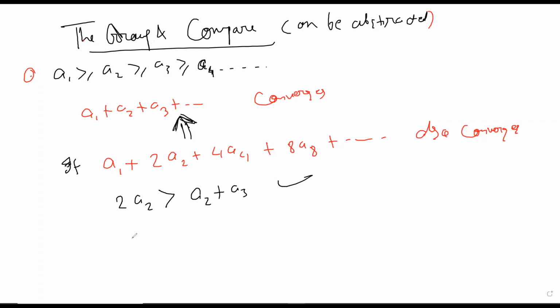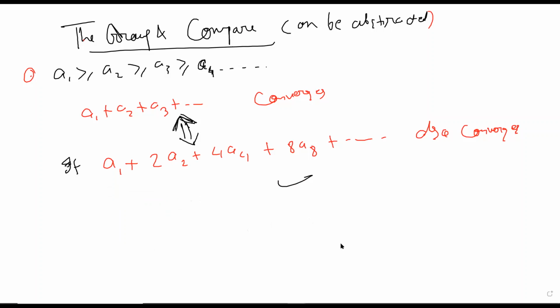And similarly, A4 is greater than A4, A5, A6, A7. Exactly. And so you see, basically the smaller terms converge, right? So we are done, right? We have proved both the directions. Nice. Very good.